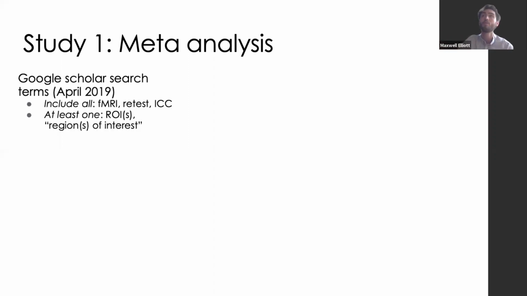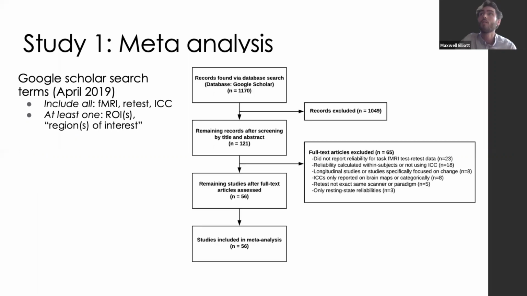How reliable are these Task-fMRI studies in one way that they're commonly used, which is to extract activation from an ROI. So we did a big Google Scholar search, and we found over 1,000 papers in our original search. We screened these, and ultimately we ended up with 56 studies that reported test-retest reliability estimates for task activation in an ROI.